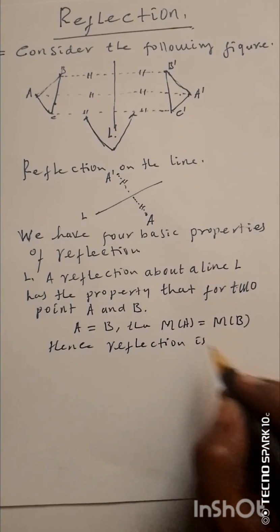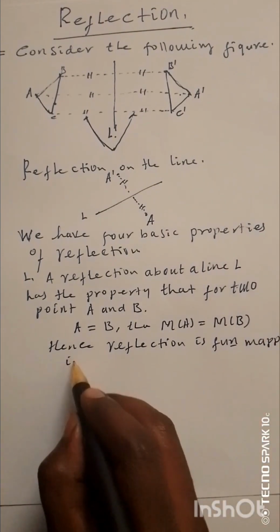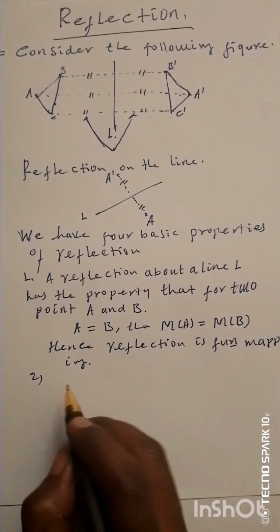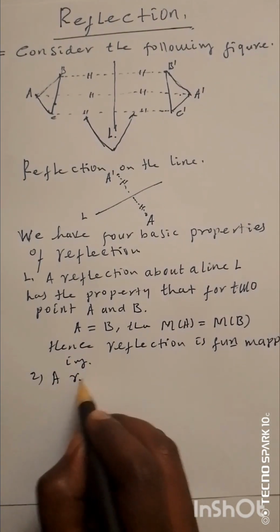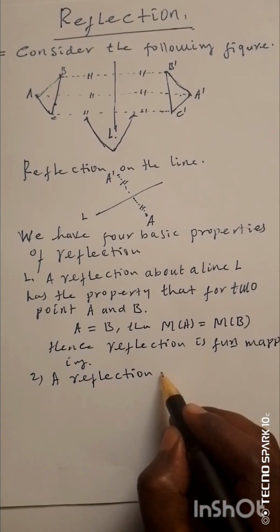Hence, we say that a reflection is a function mapping because it maps equal points to equal images. This is one of the basic properties of reflection.